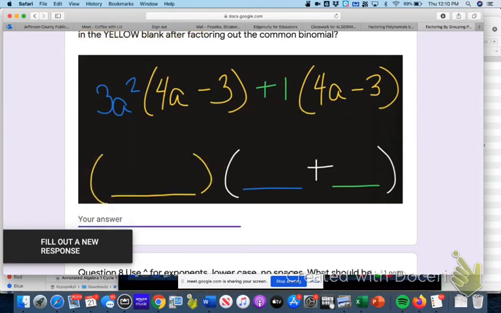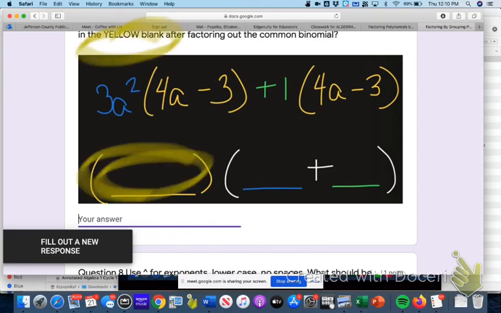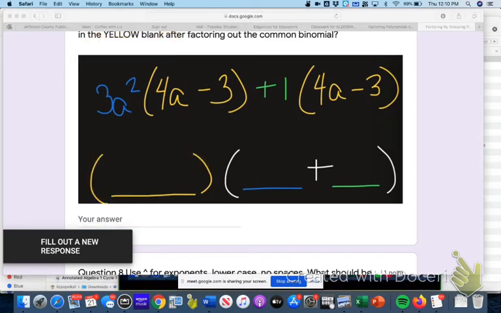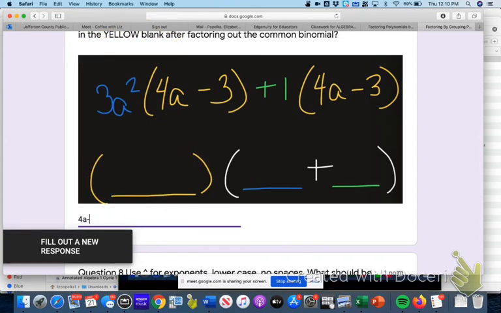Which one's the one in common? 4A minus 3. It's got to be the whole thing. So the question's saying what's going to go in the yellow blank, and that's where the common binomial goes. So I'm going to type in 4a minus 3, because that's going to go right there in that blank.